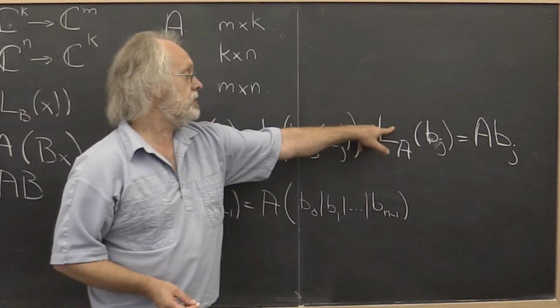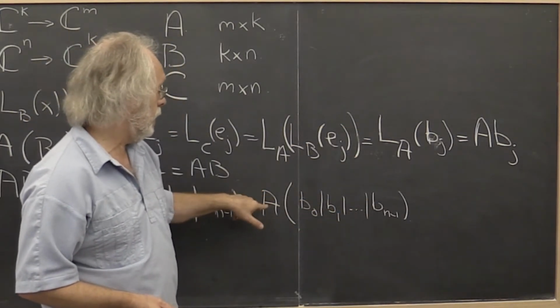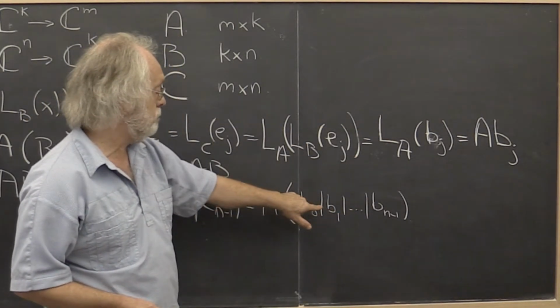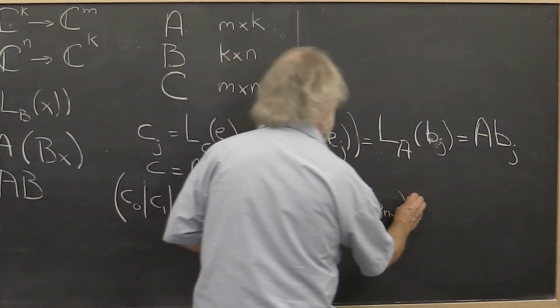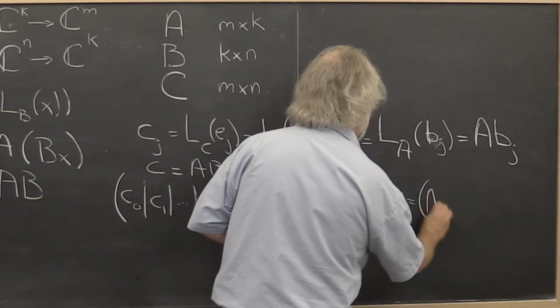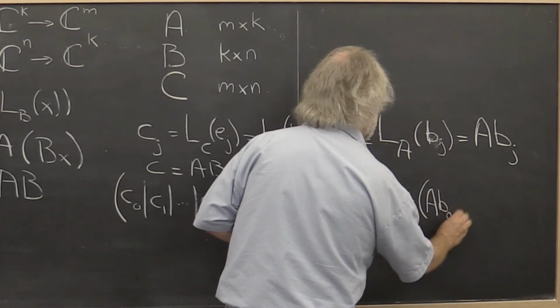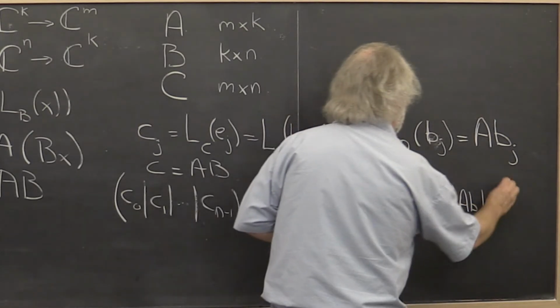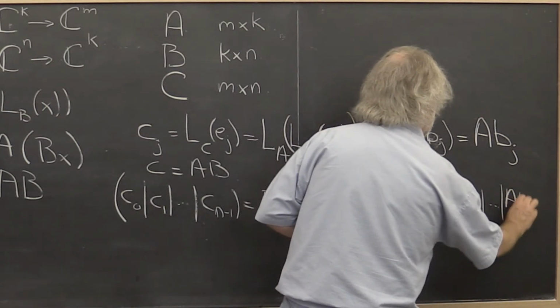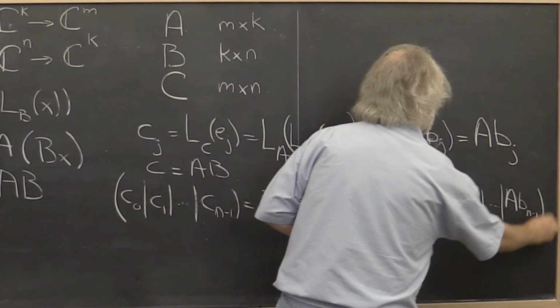And what this now tells us is that the jth column of multiplying A times B is just A times the jth column of B. So this here is just a matrix where the first column is A times B0, the second column is A times B1, and the final column is A times B n minus 1.